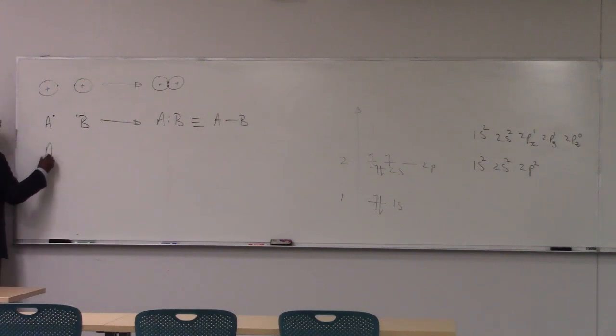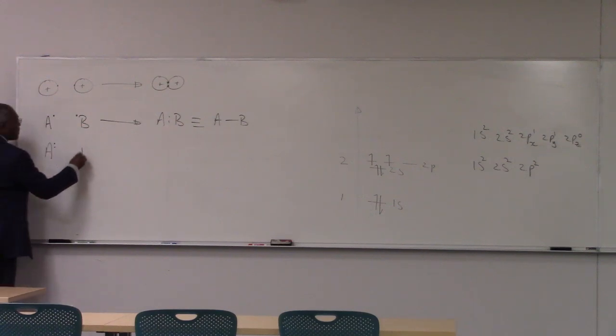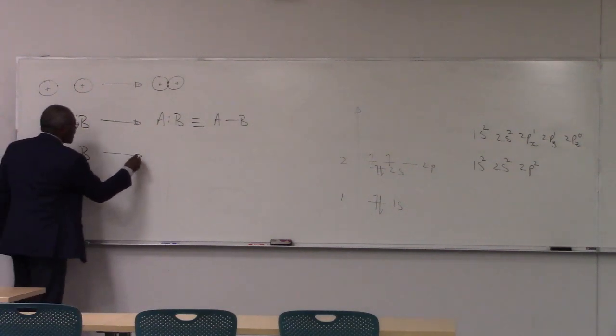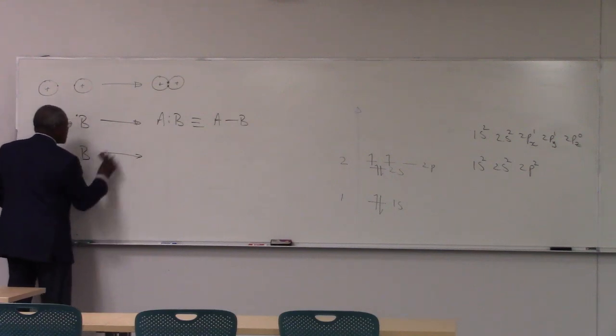But I could potentially have A being the donor atom, bringing in both electrons, and B being the acceptor atom that doesn't bring anything to the party but a vacant space, a vacant orbital. And that will generate exactly the same AB.